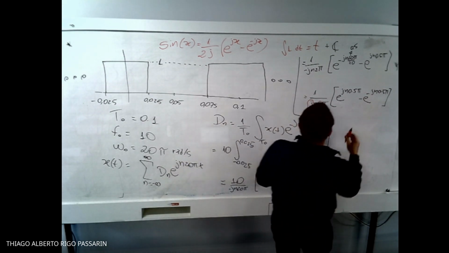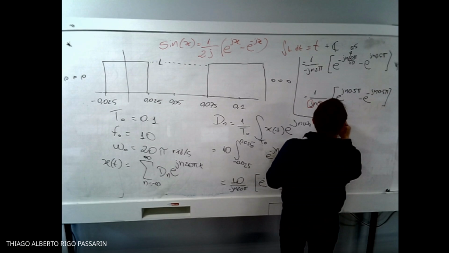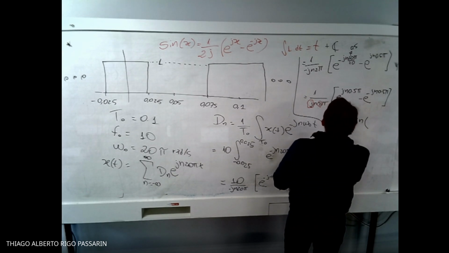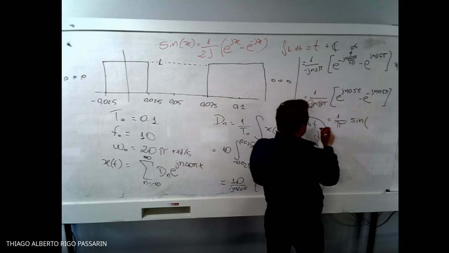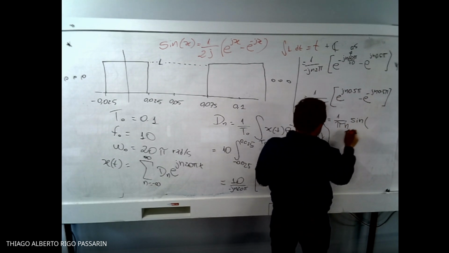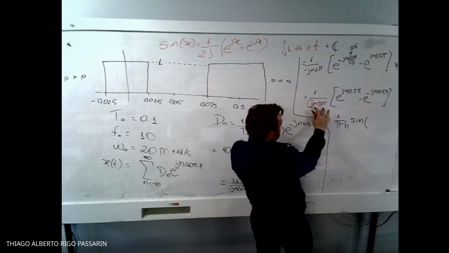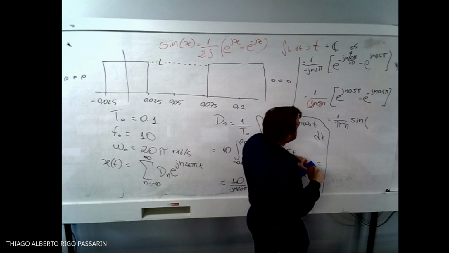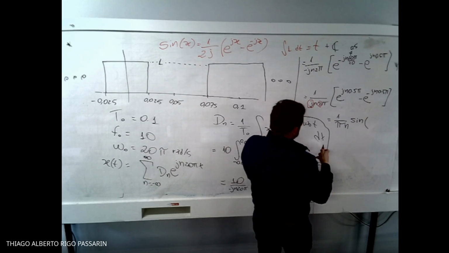So I have 1 over pi times n. You have to include the half. The x is n 0.5 pi.